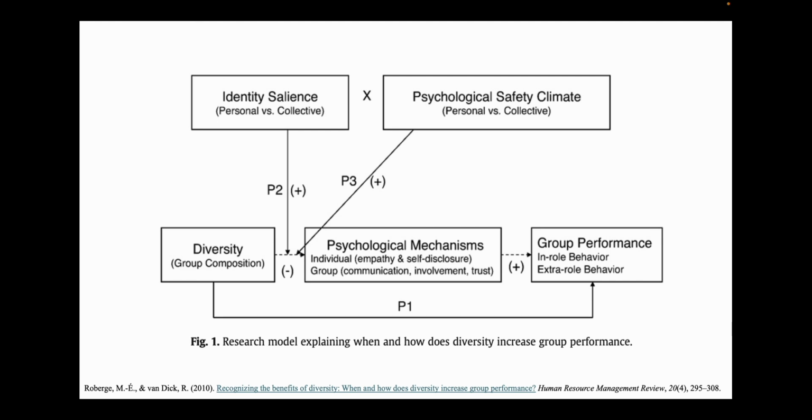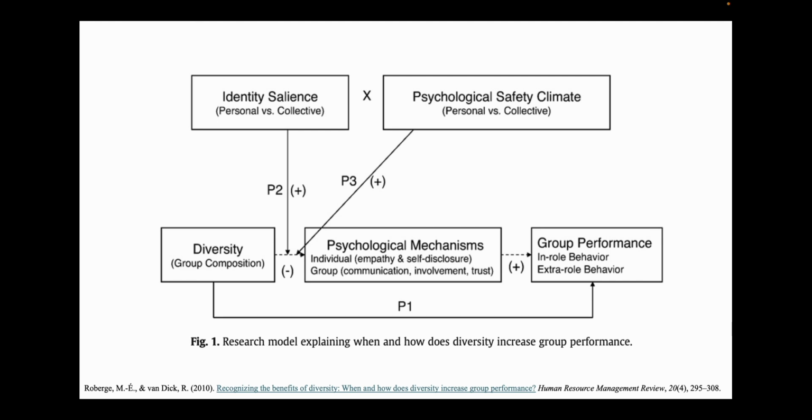At the individual level, in a diverse group, if people can express themselves and create an empathetic environment, individuals can work together to increase performance. At the group level, if you encourage communication, engagement, involvement, and foster trust between each other, it will increase group performance as well.